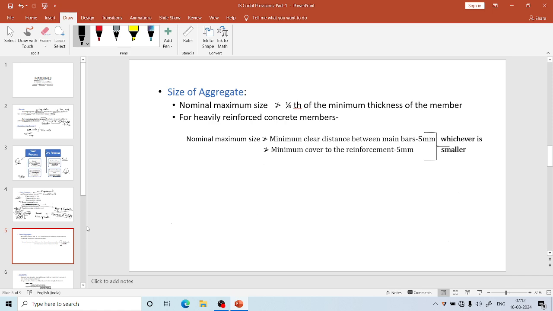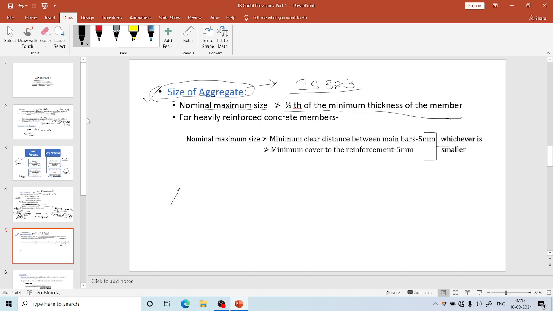Then, for the size of aggregate and related testing, we have to refer to the IS 383 code book. In IS 456 for reinforced cement concrete, the maximum size of aggregate that we can use is given: the nominal maximum size should not be greater than 1/4 of the minimum thickness of the member.